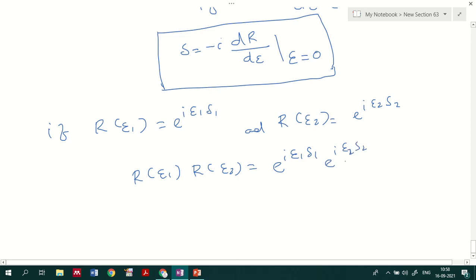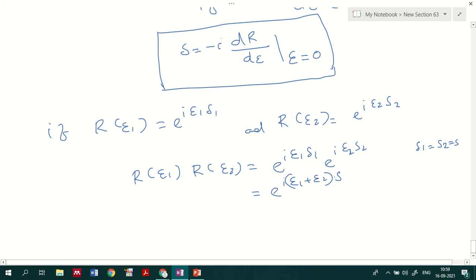If the generators s1 and s2 are the same, equal to s, we can represent this as e raised to I epsilon 1 plus epsilon 2 into the generator s.